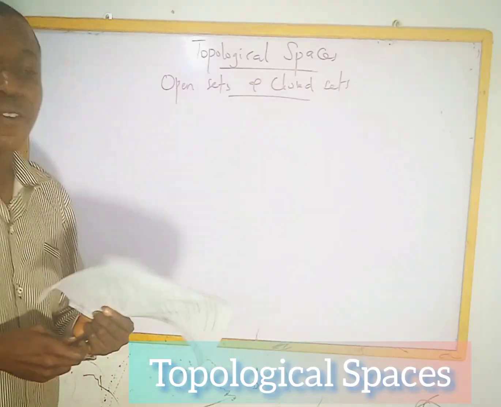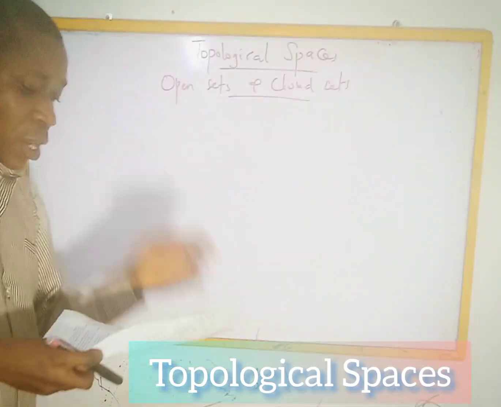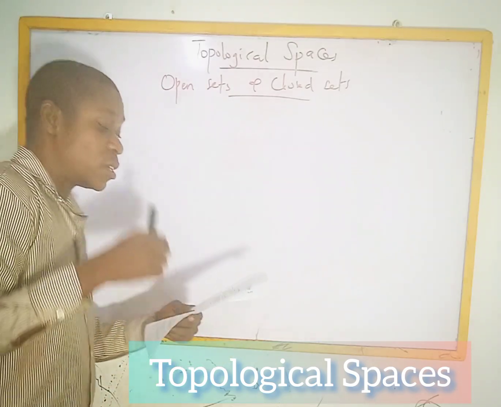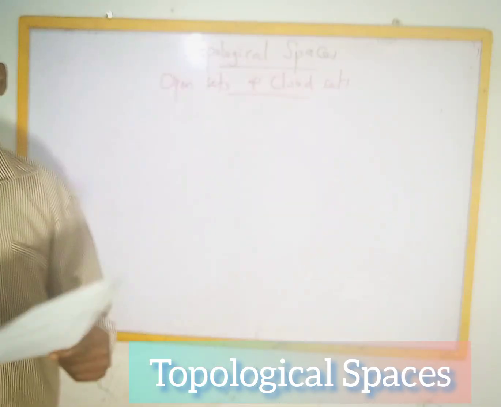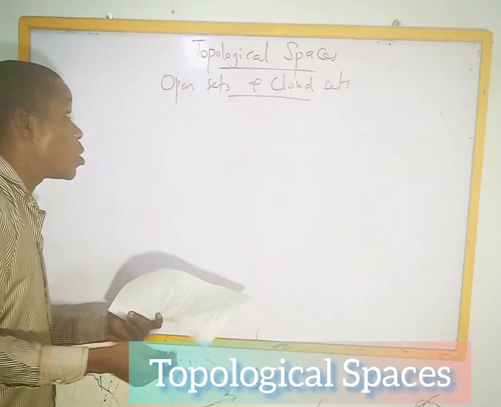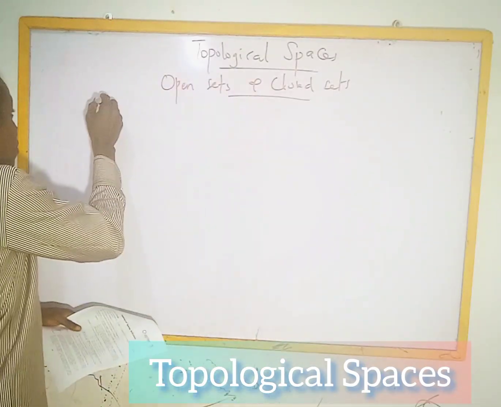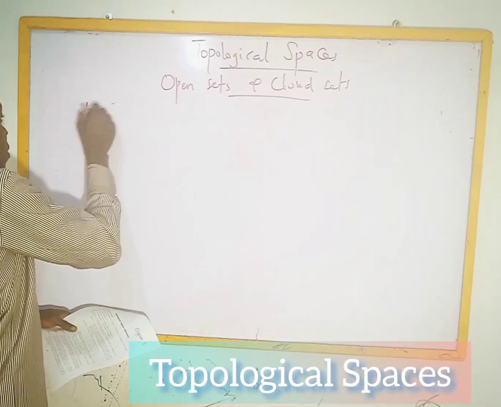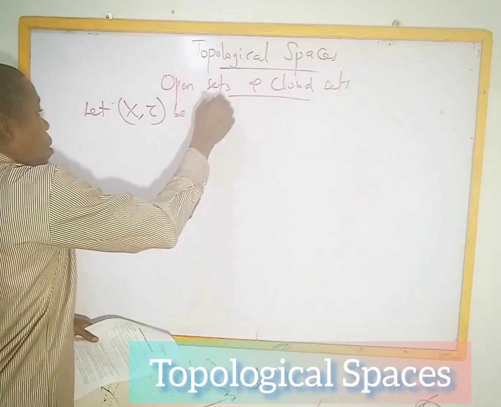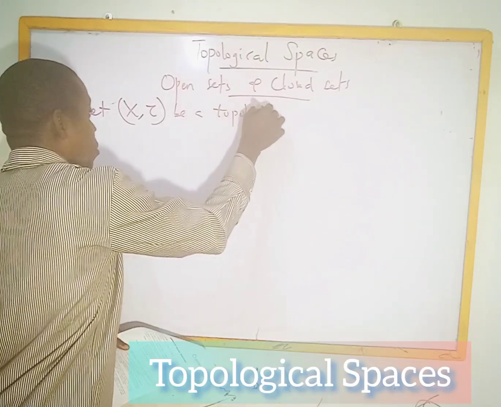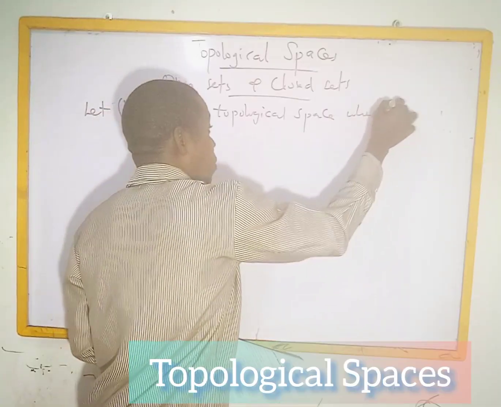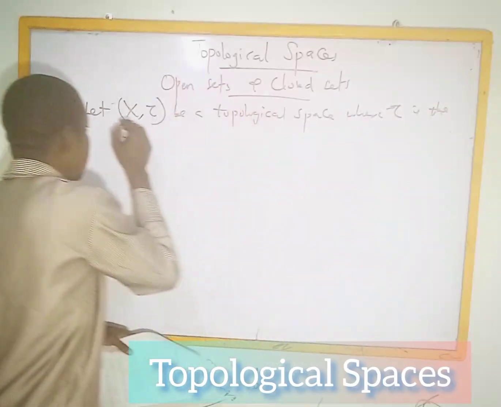Previously I said that the members of the topology are called tau open sets, or simply open sets. So let X be a topological space, where tau is a topology.